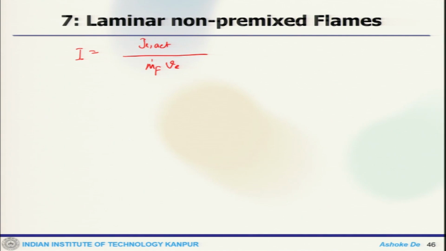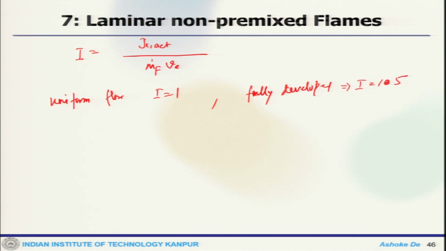Now, for uniform flow, I would be 1, and for fully developed flow, if we assume it is parabolic, I would be 1.5. Now, this is the correlation that we looked at, when the slot burner is momentum controlled.